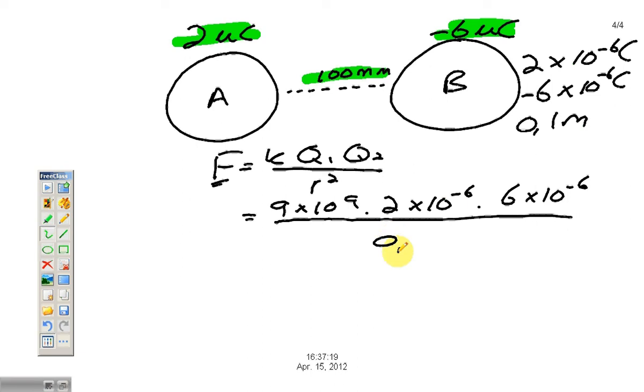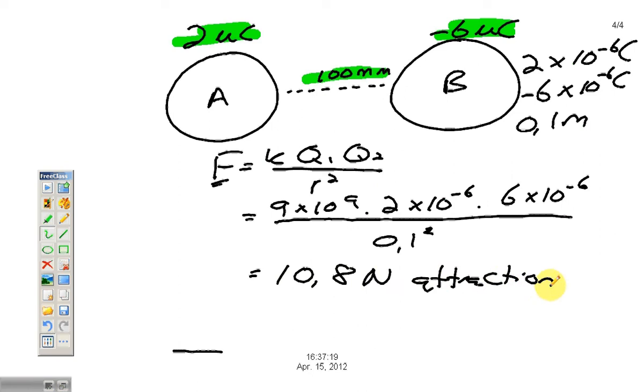I'm then going to divide by 0.1 squared, which is going to give me an answer of... let me just put this into my calculator. 10,8 newtons of attraction.